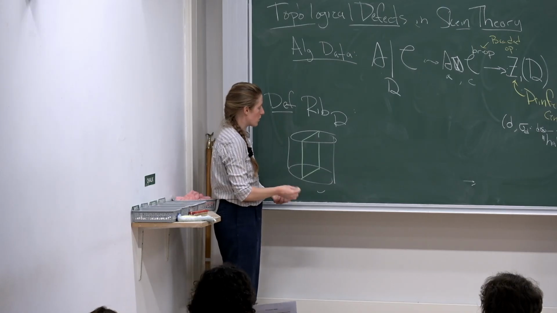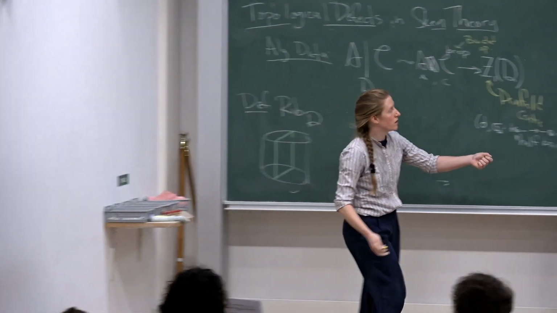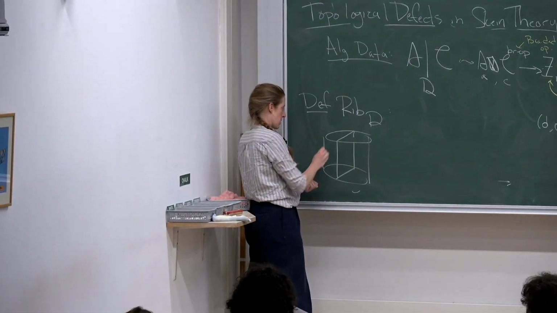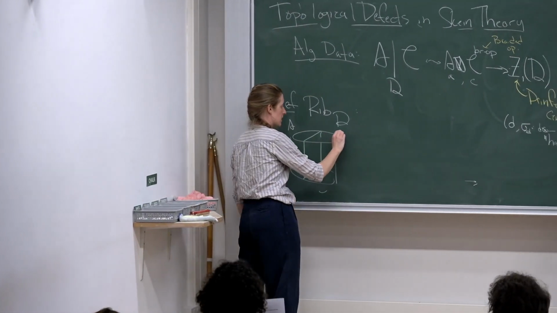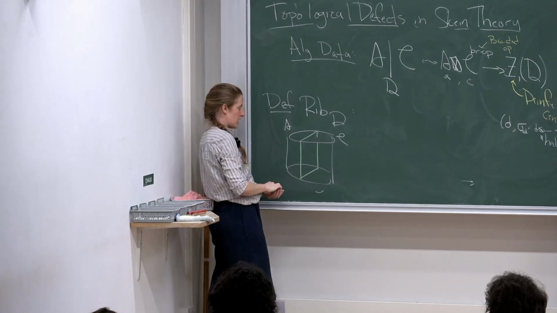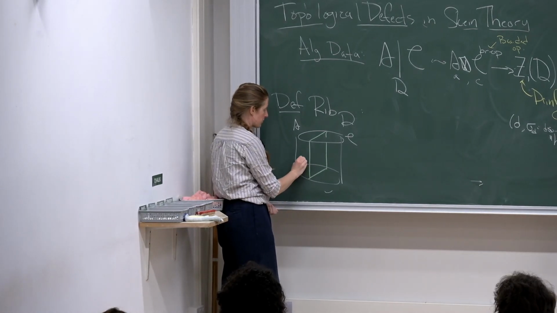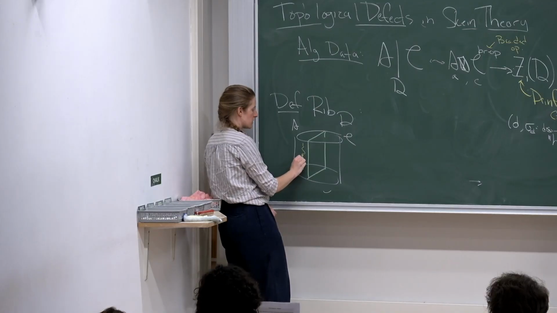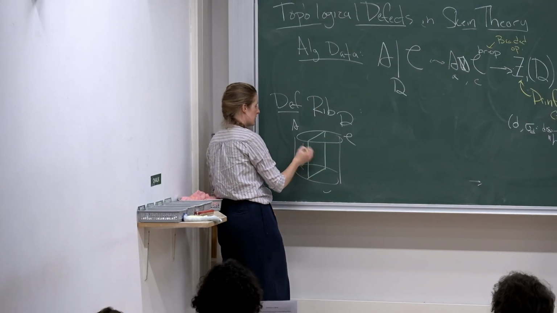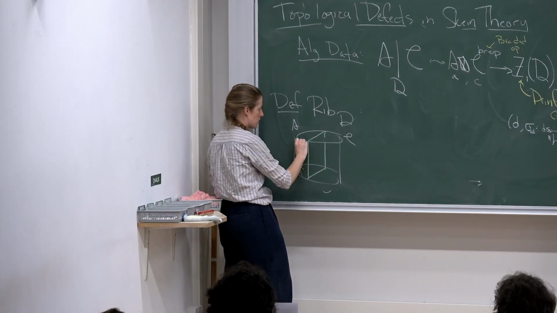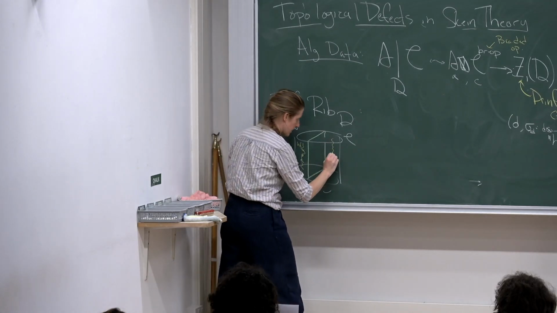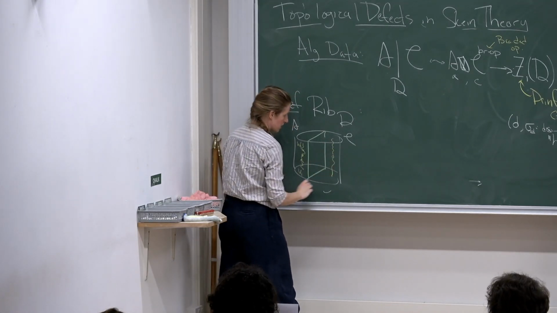And what I want for these graphs, on one side, I want it to look like this A theory, and on the other side, the C theory. So on the A side, I will just have graphs in the A theory. So they can have some topology. They're still oriented and framed and decorated, V1 and W1. And on the C side, the same, like this.